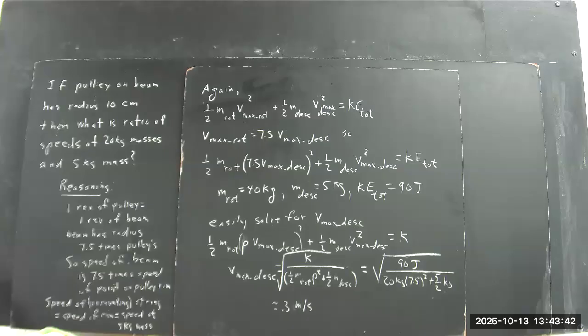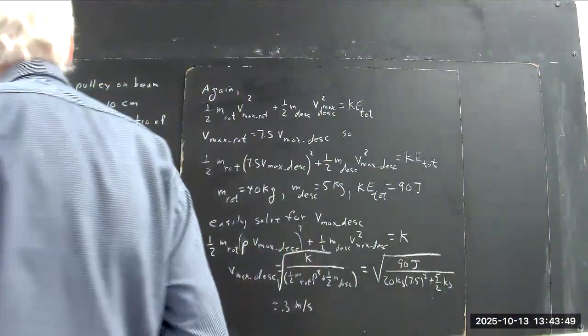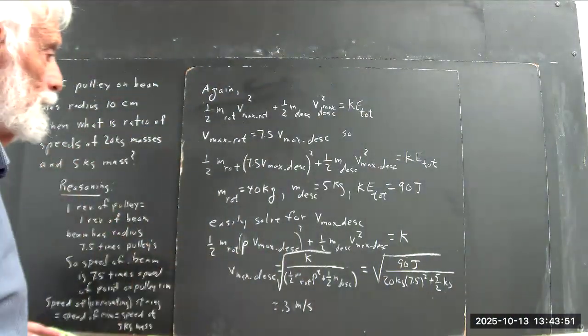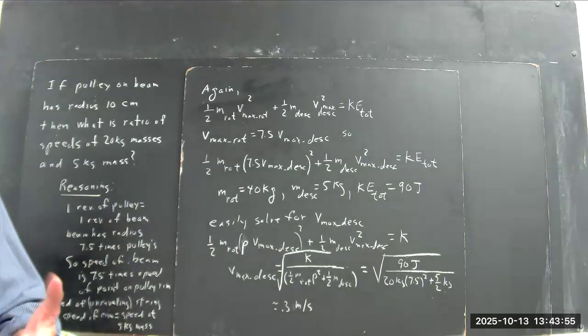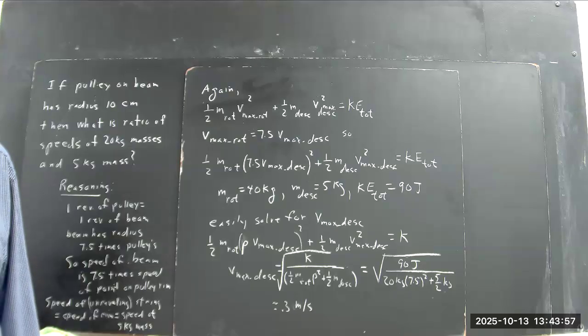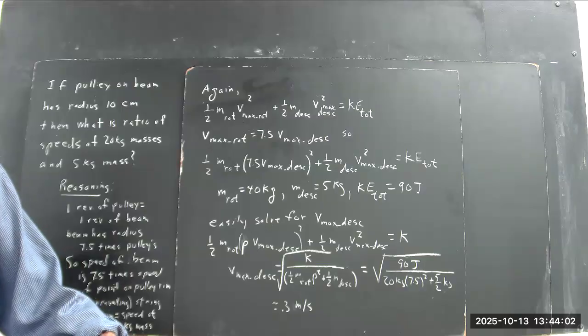So what about that spring? Well, everything we've done here just involves conservation of kinetic energy, the work energy theorem. We don't need any potential energy, although we did mention it.